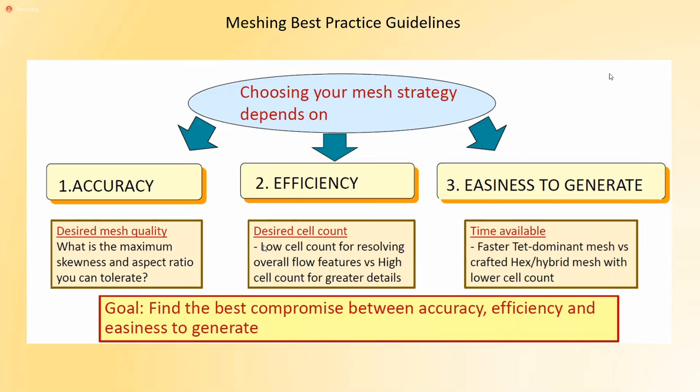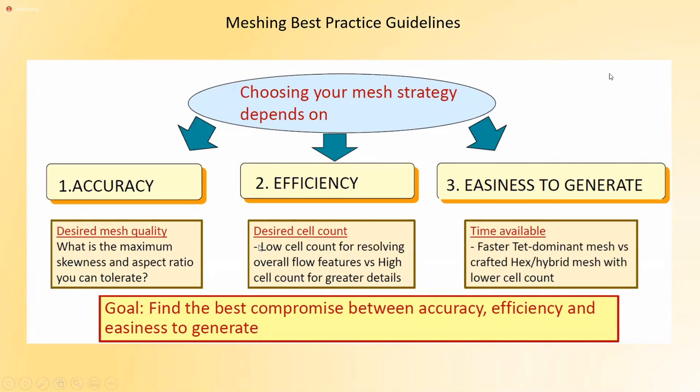Five years ago, when you were not working with the workflow, you had to have some expert with you to teach you how to do things, because it was really hard. You needed to be an expert to produce a mesh. Then they went to the workflow and it became really easy.